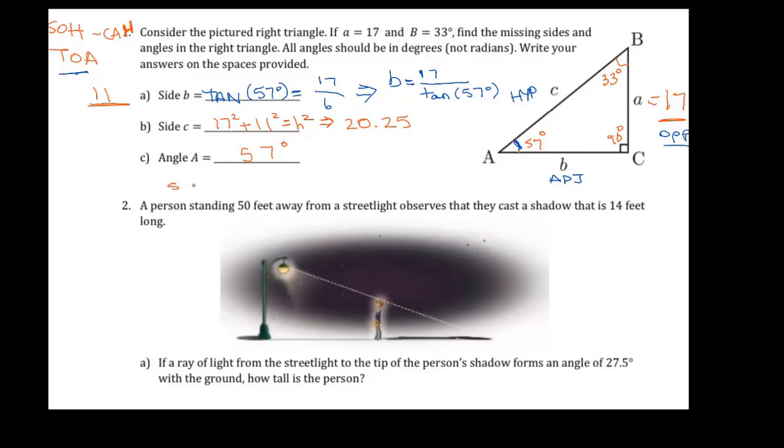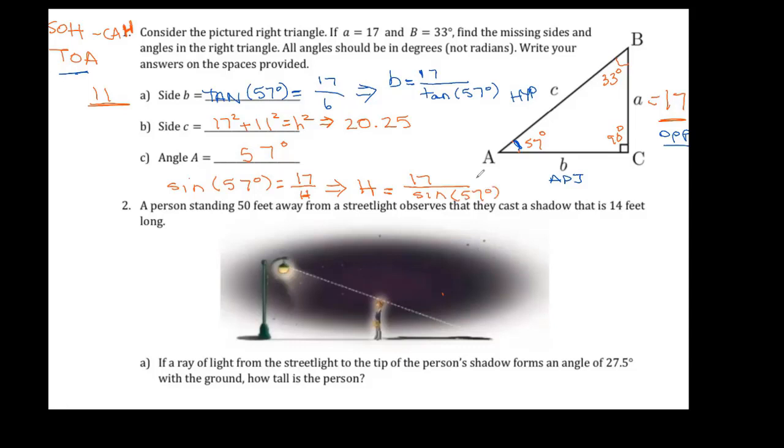So sine of 57 degrees is equal to 17 over hypotenuse, which means that hypotenuse or side C is equal to 17 divided by the sine of 57 degrees.